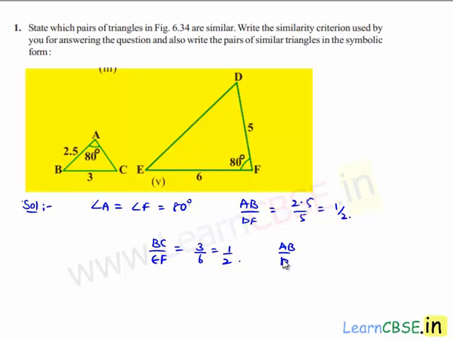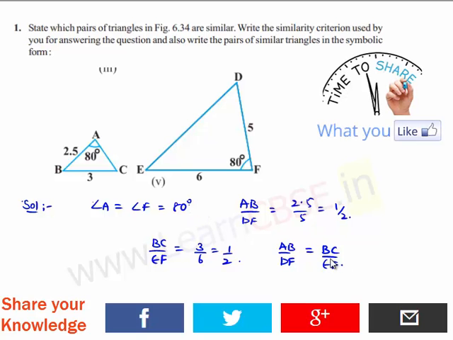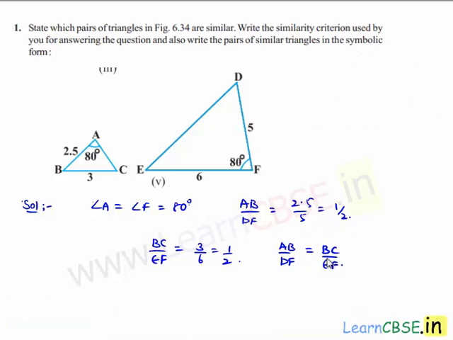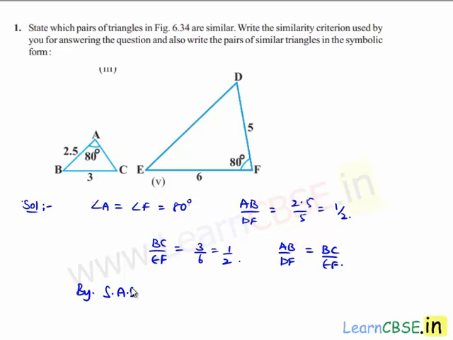Therefore AB by DF is equal to BC by EF. Here the corresponding angles are equal and two of the corresponding sides are in proportion. So by SAS similarity we can say that triangle ABC is similar to triangle FED.